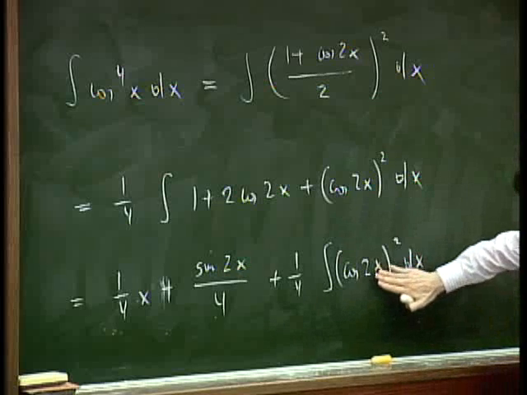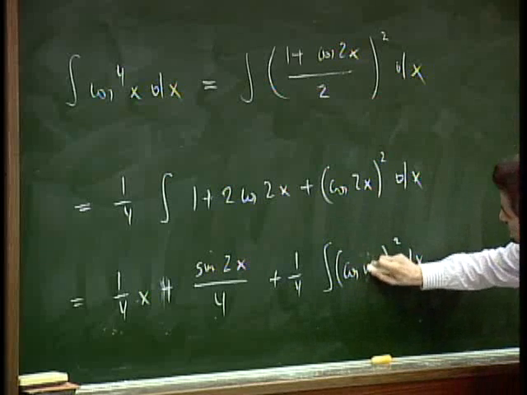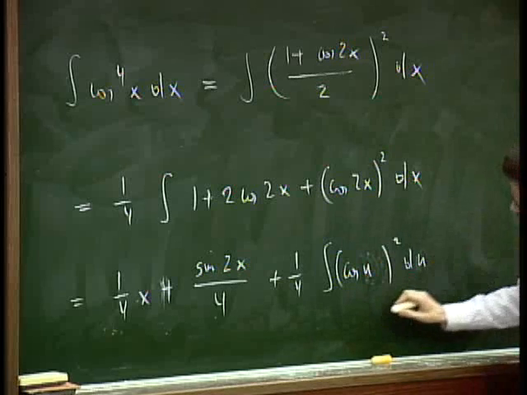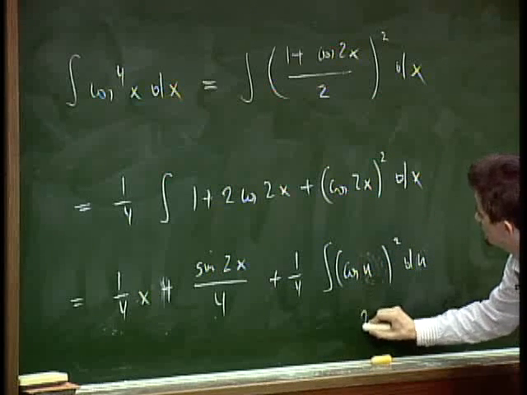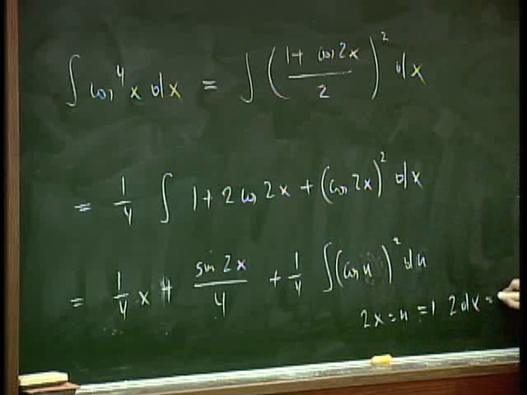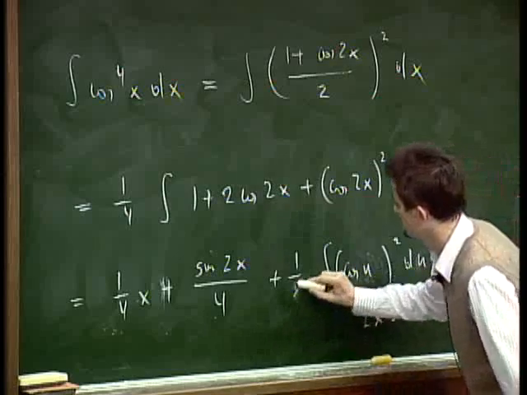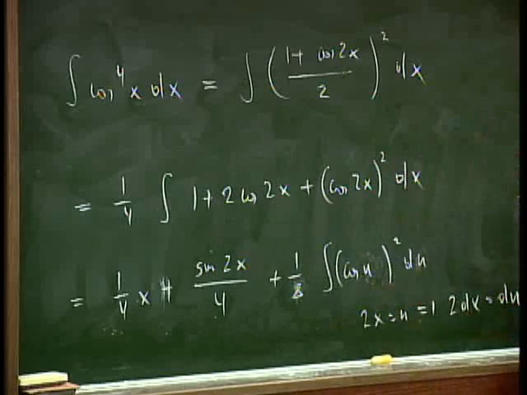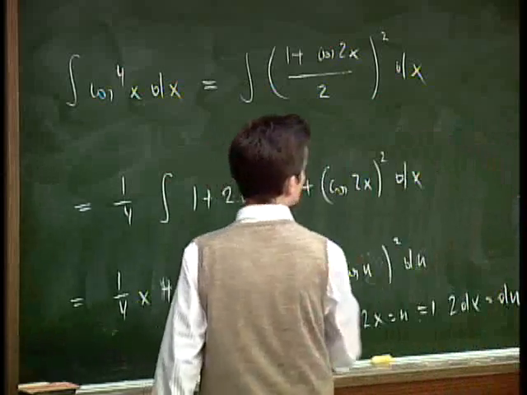Now actually here you can replace 2x by u. So 2 dx is equal to du. So what you have here is 1 over 8. For this here, you just use the same trick. So once more, half angle formula.